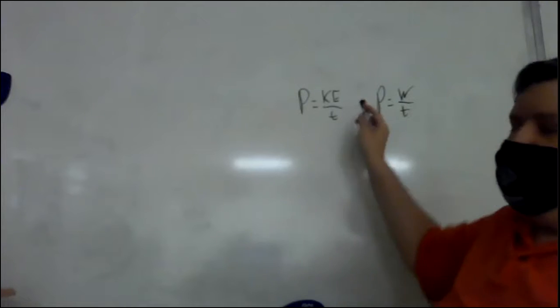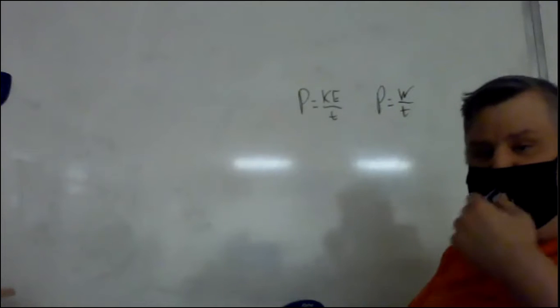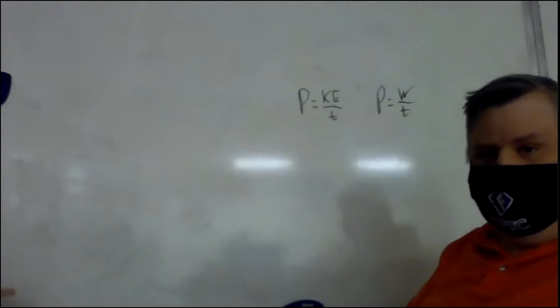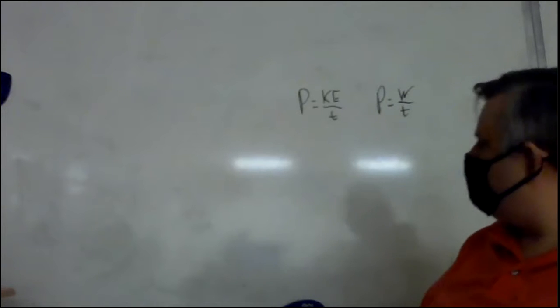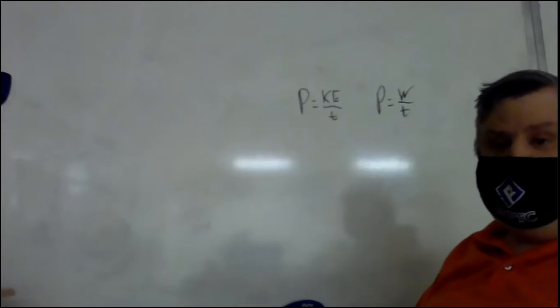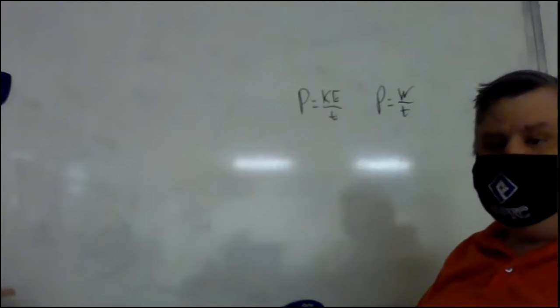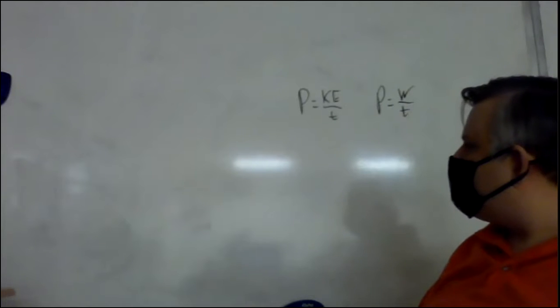So we have a formula for kinetic energy where power is equal to kinetic energy divided by time. The kinetic energy is in joules, the time is in seconds. We have power is equal to work divided by time, where work is a type of energy. Work is in joules, time is in seconds.